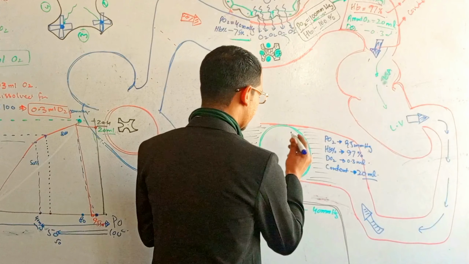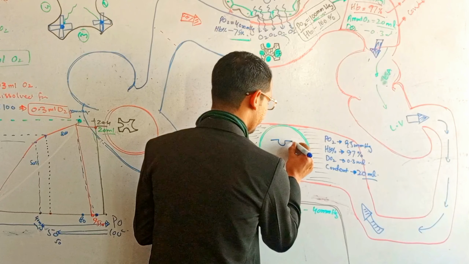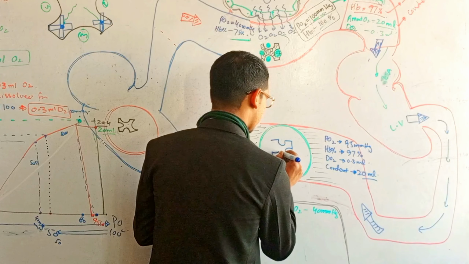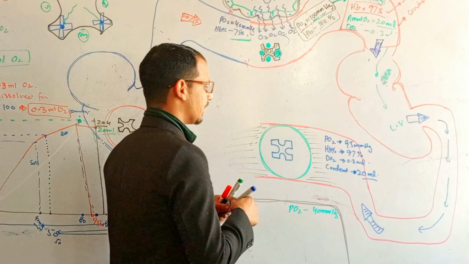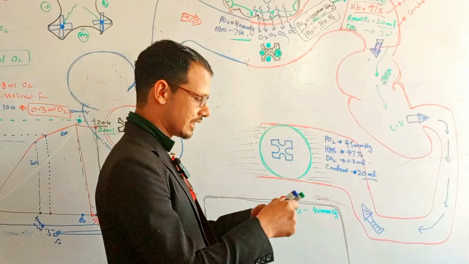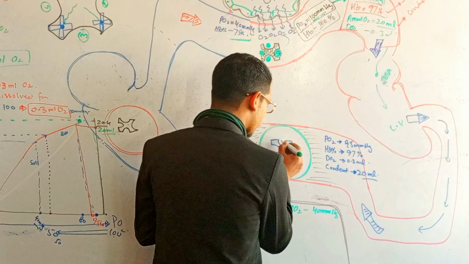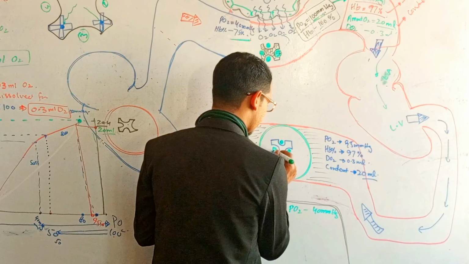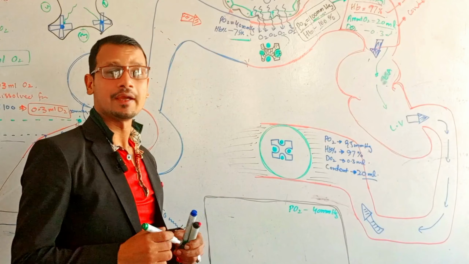Here we have the beautiful hemoglobin having 100% or 97% of saturation. Meaning one oxygen is binding here, one is here, one is here, and one is here, right?